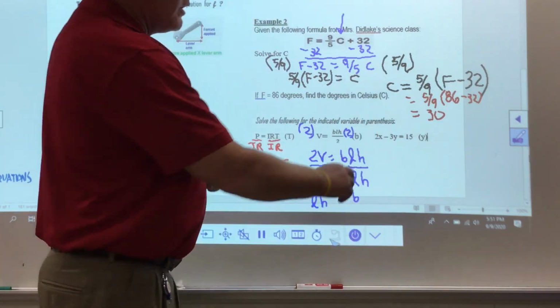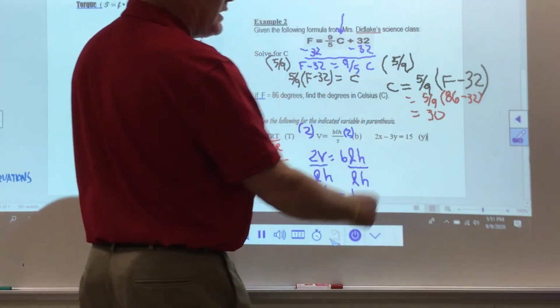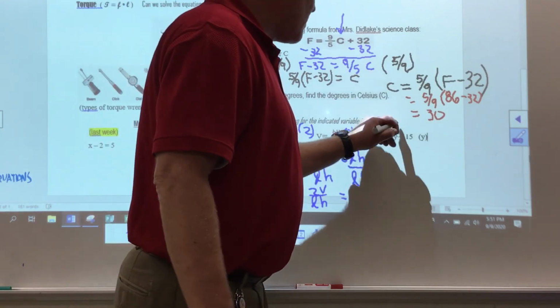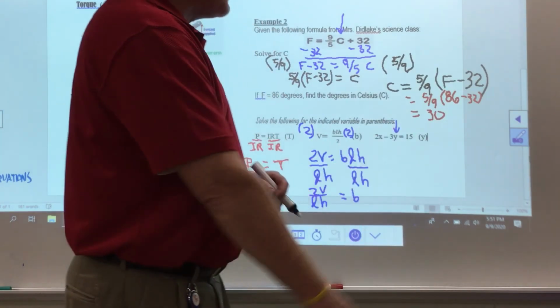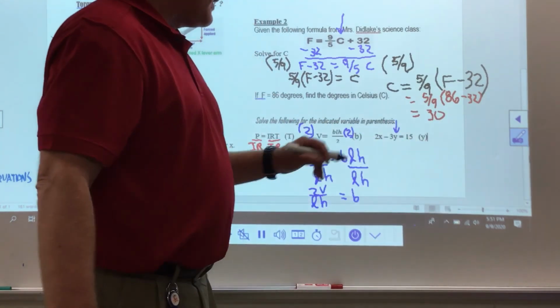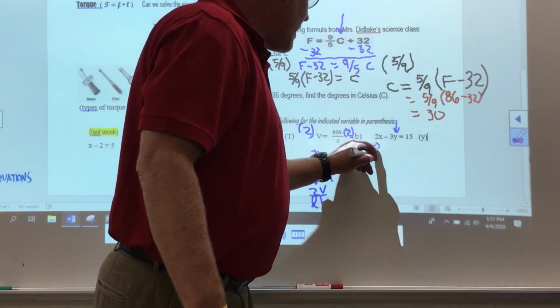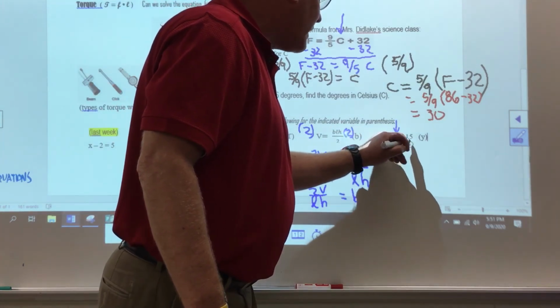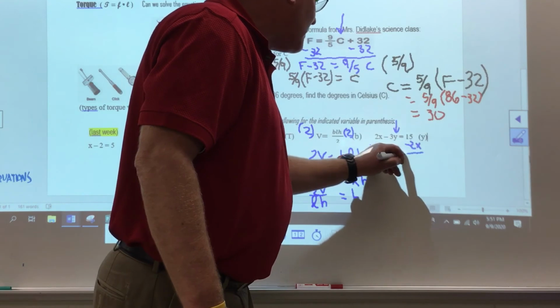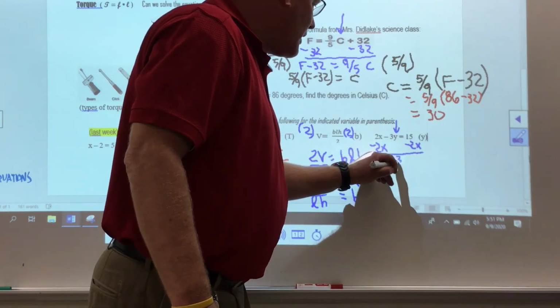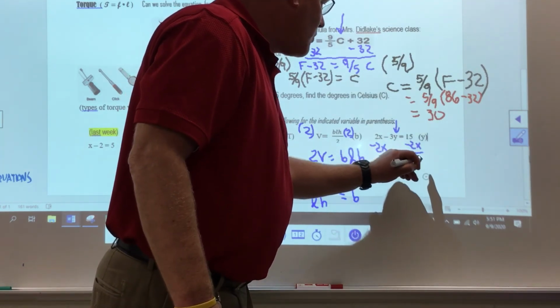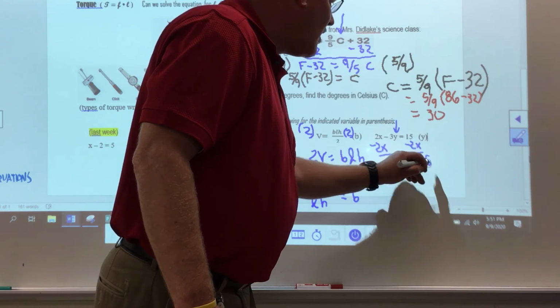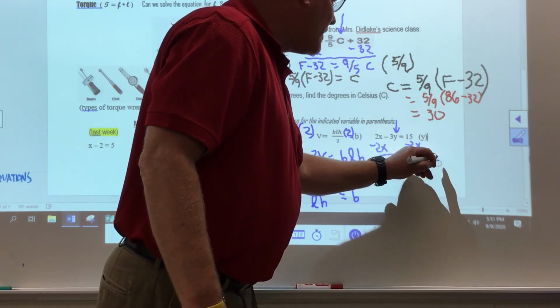Last but not least, we have 2x minus 3y is equal to 15. It says solve for y right there in parentheses. So that's what we're looking for, is that guy there. So we'll get rid of this 2x. That's a positive 2x. It's really adding by subtracting 2x from both sides. We get a negative 3y equals 15 minus 2x.